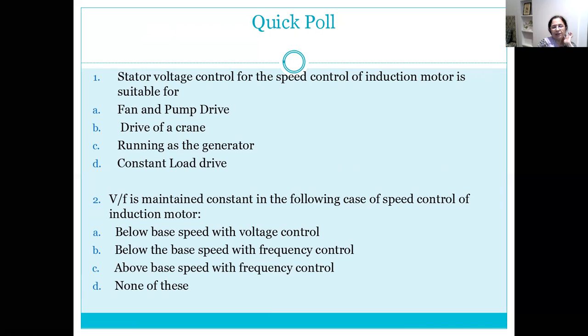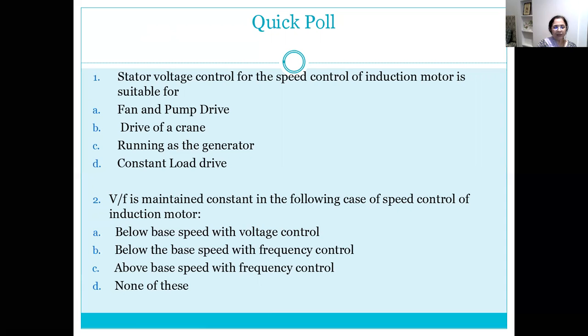Okay, so with this we can compare stator voltage control with V/F control. V/F control has a wider speed control range, because practically we can control the speed of the motor from near zero to above rated speed. Any of the operating speeds can be achieved by V/F control.